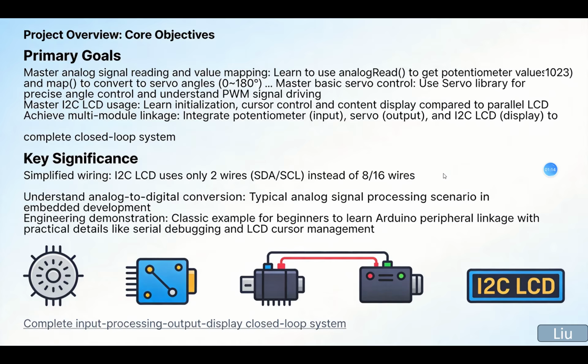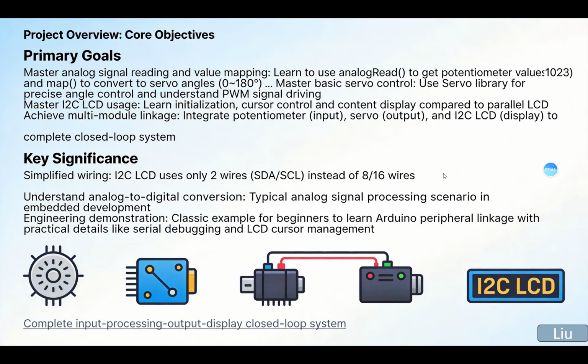Achieve multi-module linkage, integrate potentiometer, servo and I2C LCD display to complete a closed loop system. And key significance, you can see simplified wiring. I2C LCD uses only two wires, SDA and SCL, instead of 8 or 16 wires.